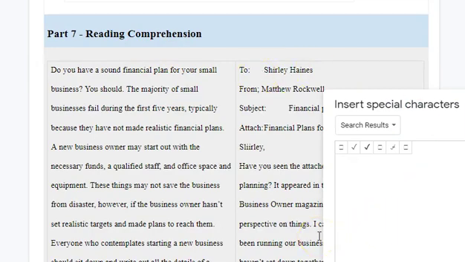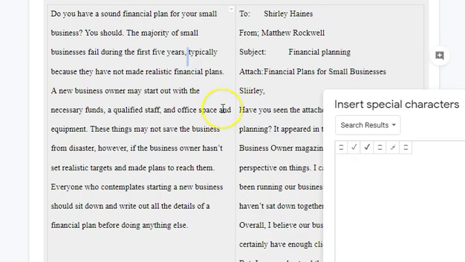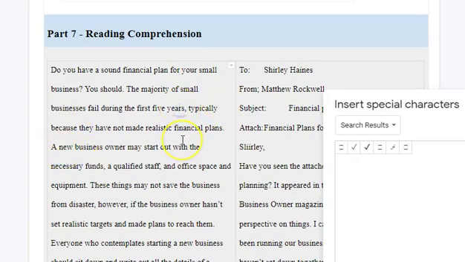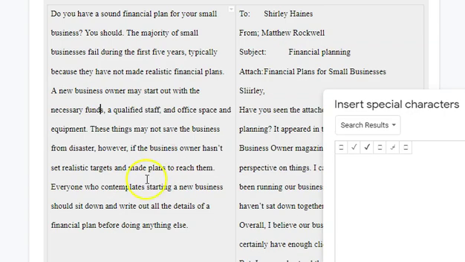Okay. Do you have a sound financial plan for your small business? You should. The majority of small businesses fail during the first 5 years, typically because they have not made realistic financial plans. A new business owner may start out with the necessary funds, a qualified staff and office space and equipment.